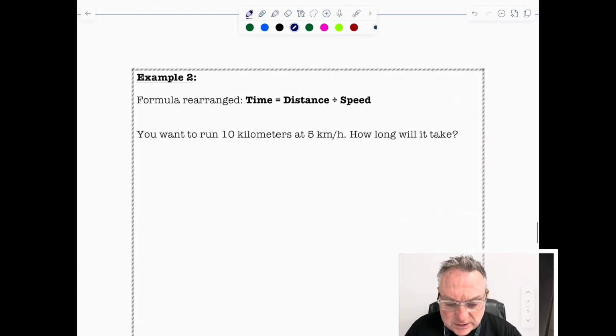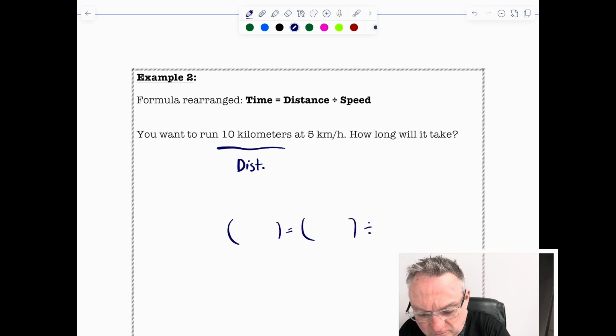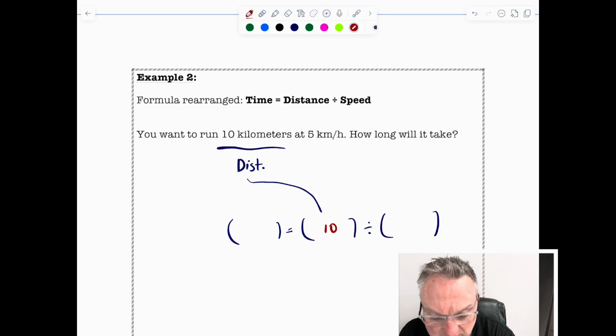Okay, and from rearranging time and distance, you want to run 10 kilometers, that's the distance. So in my formula, I've got time equals distance divided by speed. And so my distance goes right here, which is 10. And then my pace is 5 kilometers per hour.